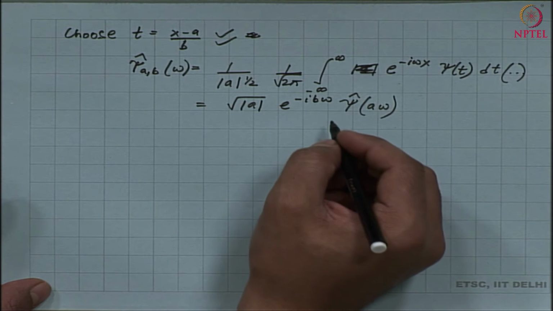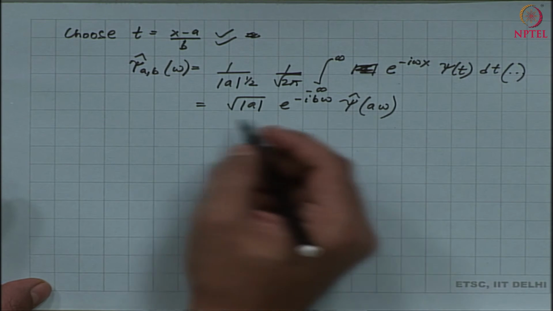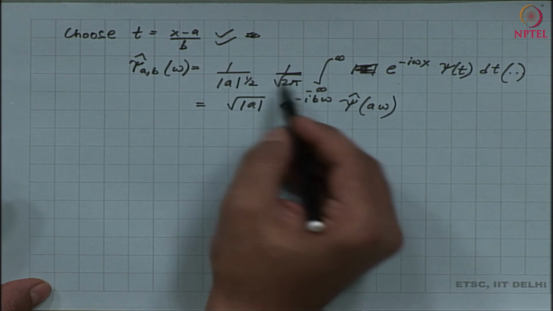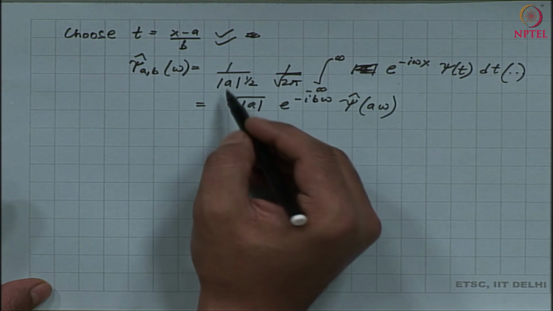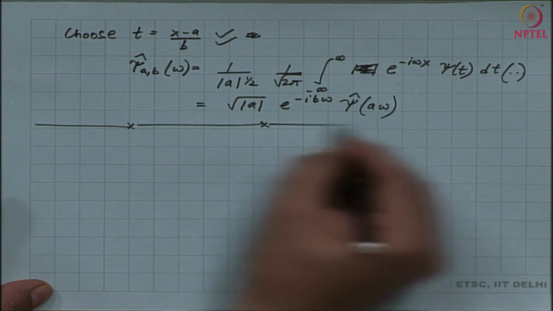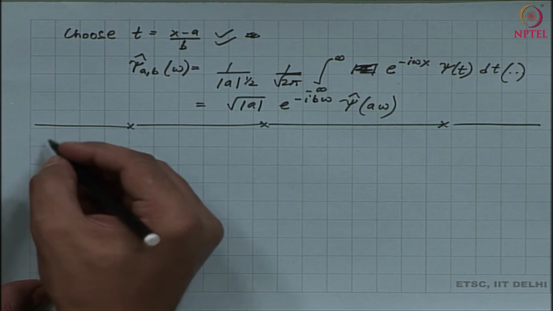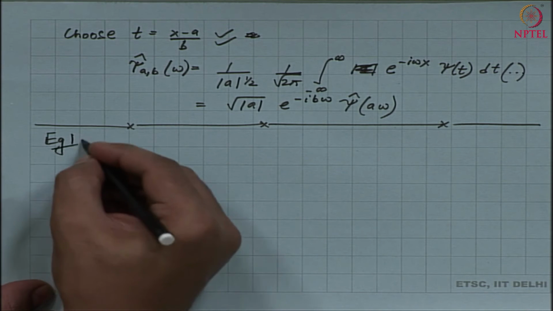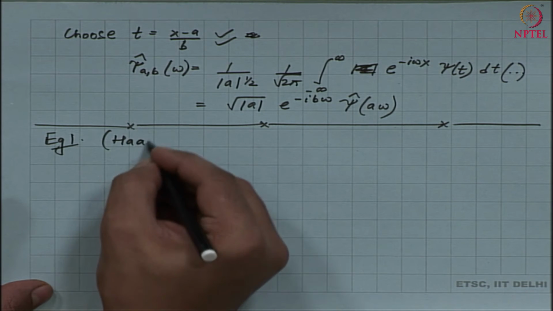Okay. We are going to use all these results when we show some specific examples of wavelets. So, let me start with the first example. The first example that I want to show is the famous Haar wavelets.